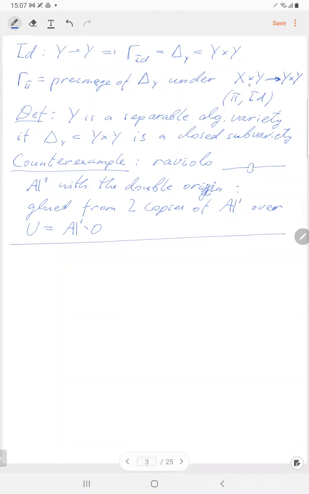Okay, but let's see some basic properties of this good separability property. So first, if we have a morphism with a separable target, so Y is separable, then the graph in the product is closed.